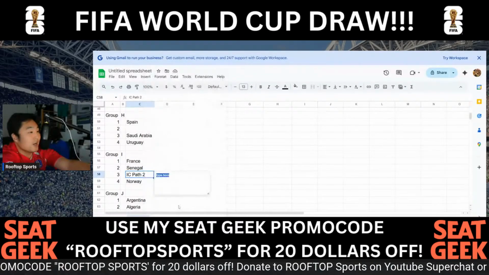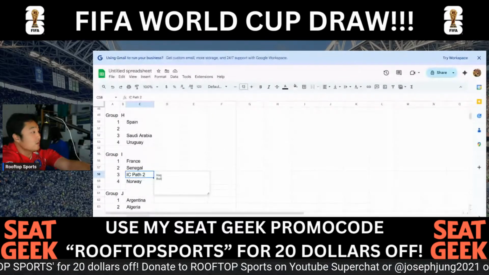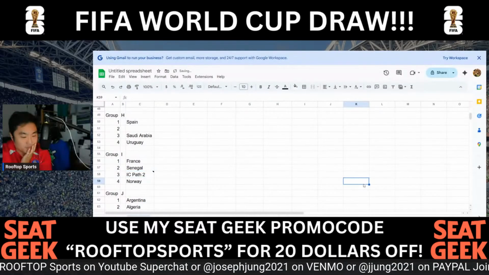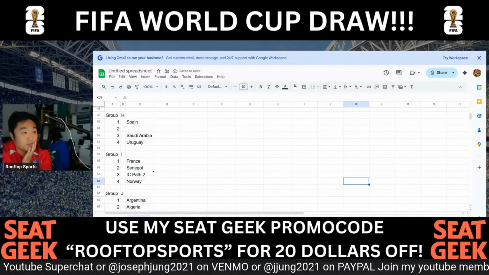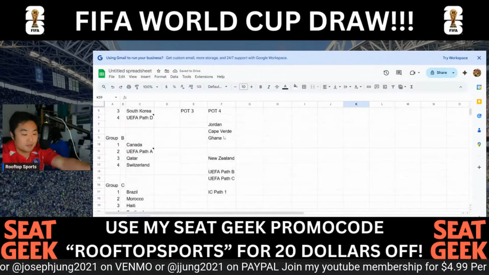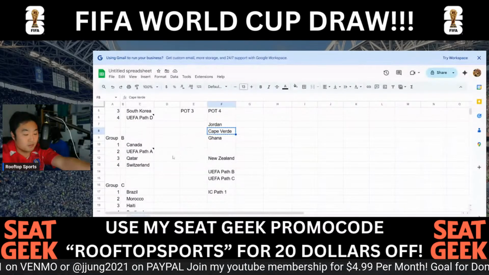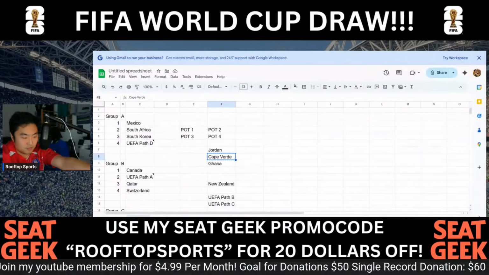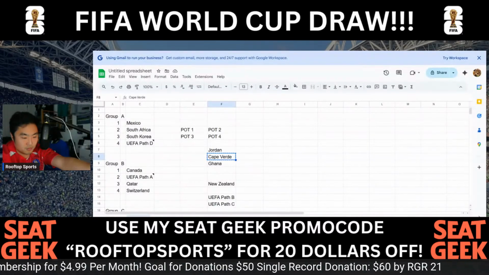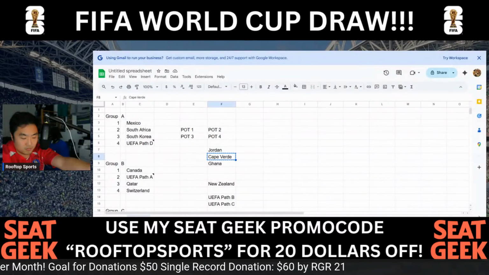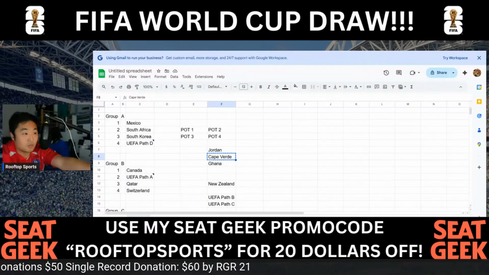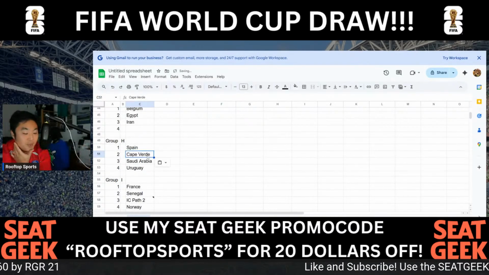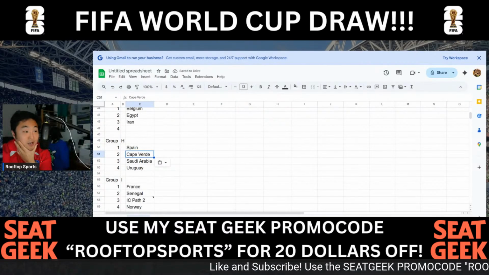Going to be Iraq, Bolivia, or Suriname. I can't even say it. Cabo Verde. They're going to go to Group H. They're going to be playing Spain, Uruguay, and Saudi Arabia.